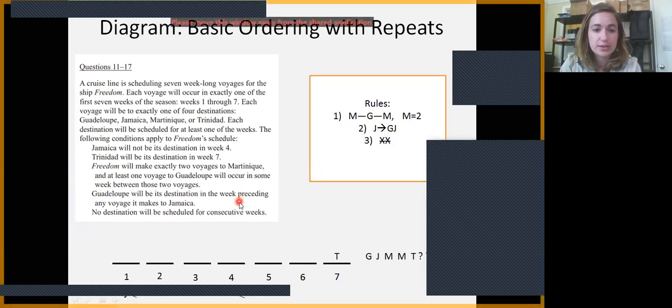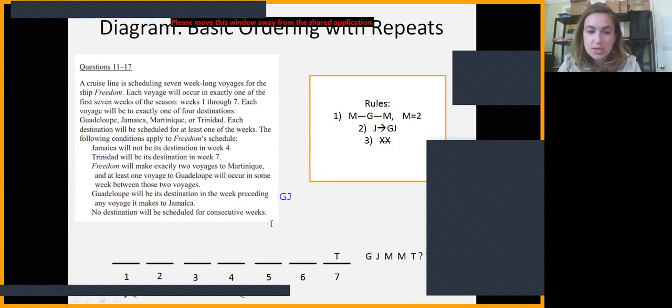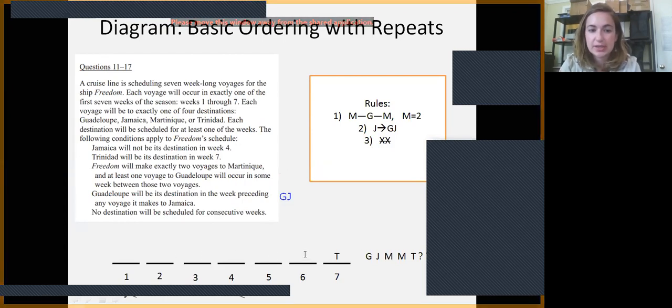Guadalupe is going to be the destination in the week preceding any voyage it makes to Jamaica. So this one, again, I had to think carefully about how I decide to notate it. If I just write GJ, then to me that looks like I'm just going to have a whole line of GJs.